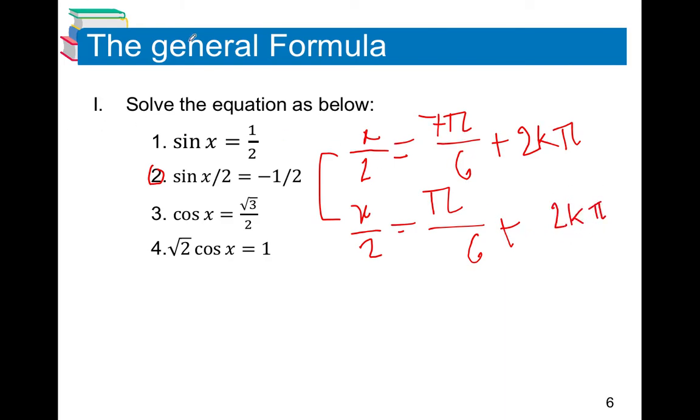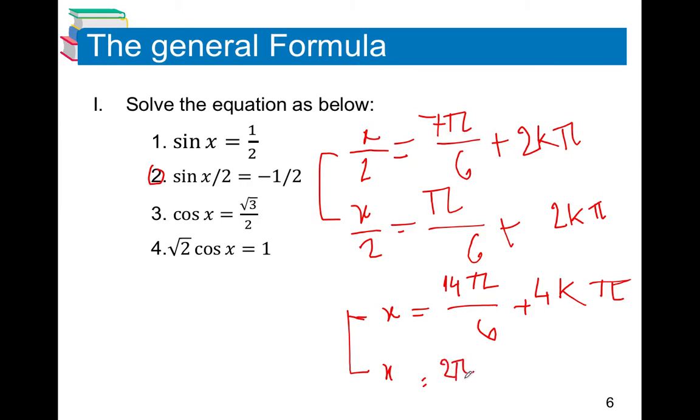And then now we move 2 over here, so we can write h equals 14 pi over 6 plus 4k pi, right? And this second answer we can write h equals pi over 6 plus 4k pi.